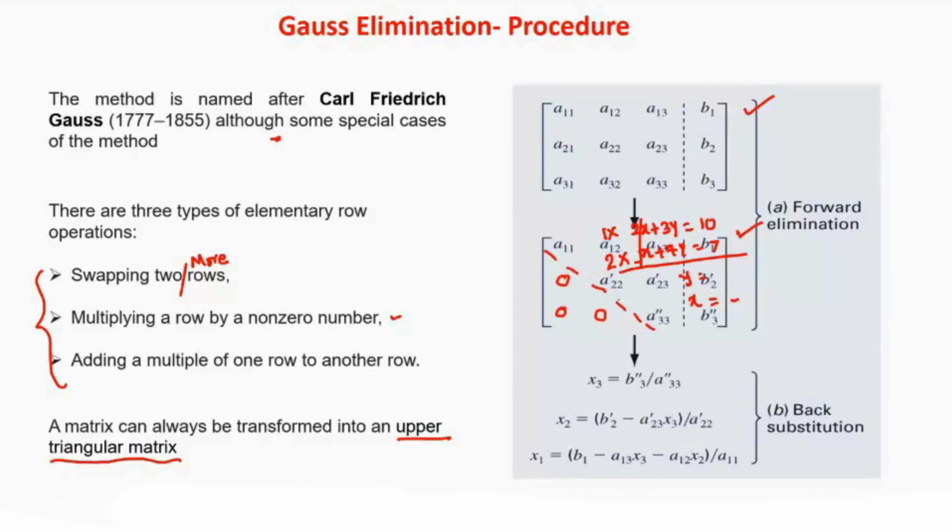These are the diagonal elements, with a dashed line, and here 0 0 0. These three are 0. Such a matrix is called an upper triangular matrix. So you remember this.